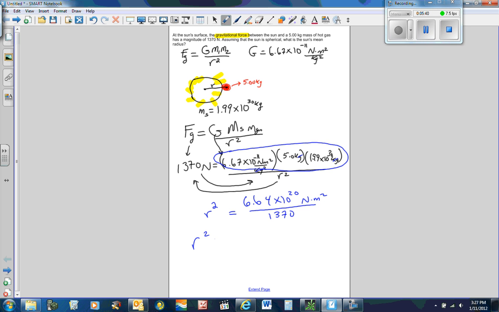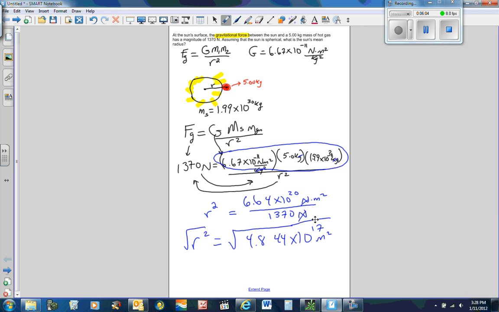r squared equals 4.844 times 10 to the 17th. Take the square root of both sides. The newtons divide out, and I'm left with meters squared here. Square root of meters squared is meters.